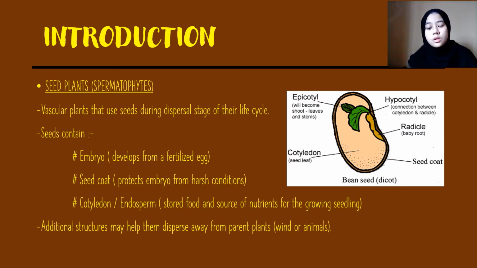The seed coat functions to protect the embryo from harsh conditions. It will keep the embryo from drying out until the condition becomes favorable to undergo growth. The next, cotyledon, also called endosperm, will store food and is a source of nutrients for the growing seedling after germination.